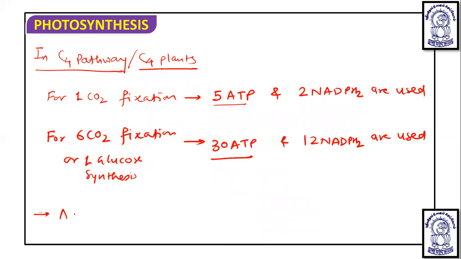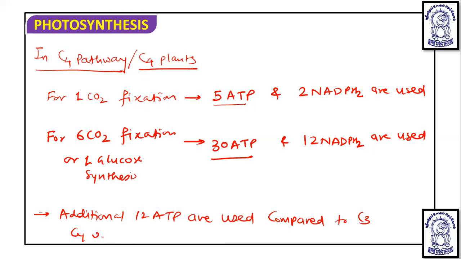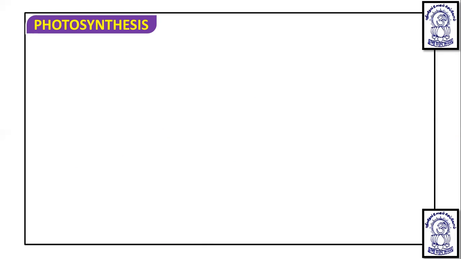So additional 12 ATP are used compared to C3 cycle in C4 plants. Okay, so that is the particular calculation. Now here, this is the C4 cycle.